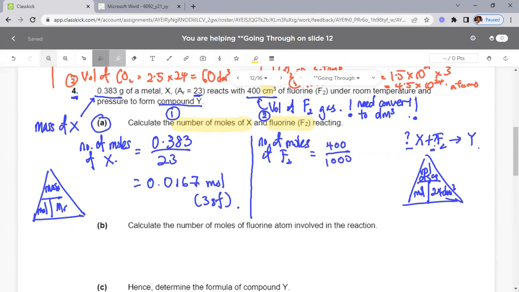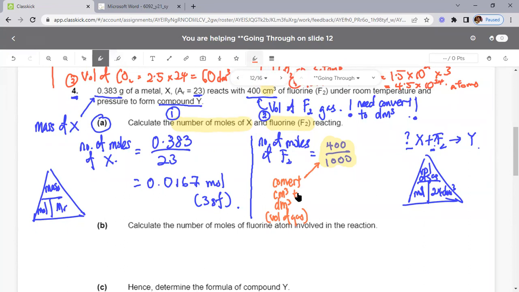Just a recap: what I'm doing over here is converting cm cube to dm cube, but this is still the volume of gas. Since I've converted to dm cube already, I'm going to divide by 24.